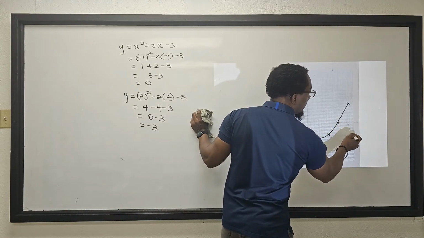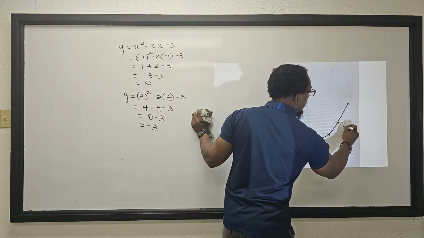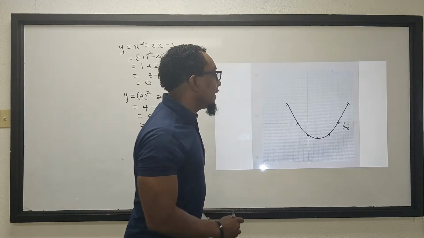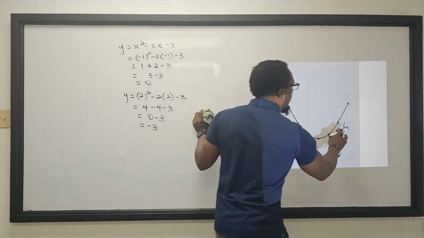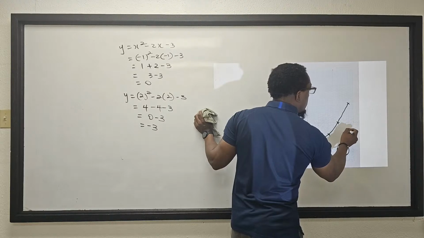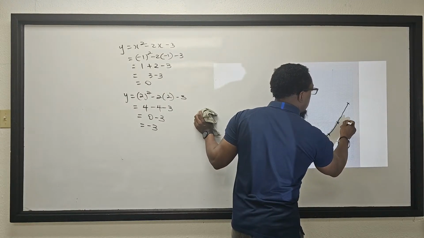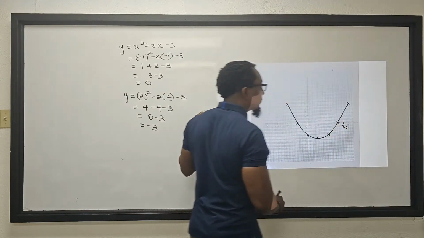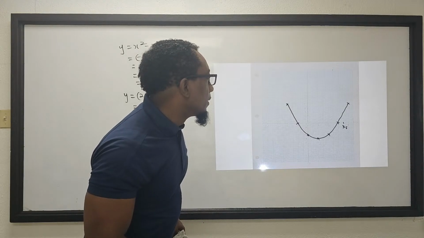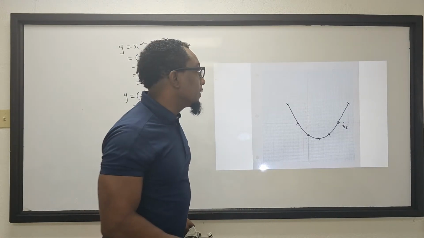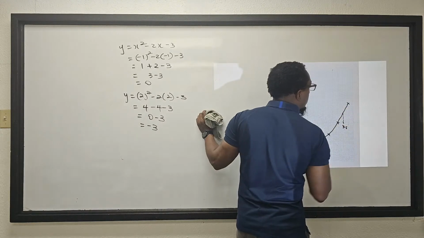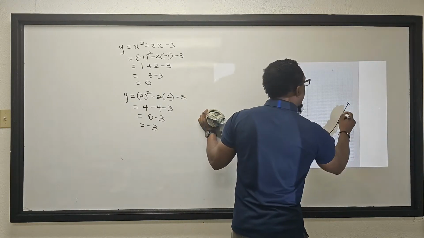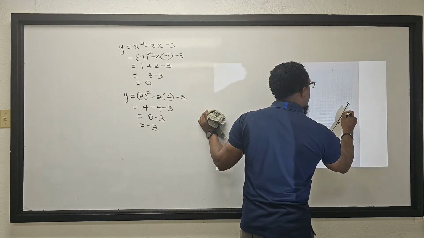That is between 3 and 4. So when x is 3.5, this is 3.5 here. What is the corresponding y coordinate? I'm going to draw a dotted line up to touch the curve, and then I'm going to come across to the y-axis.